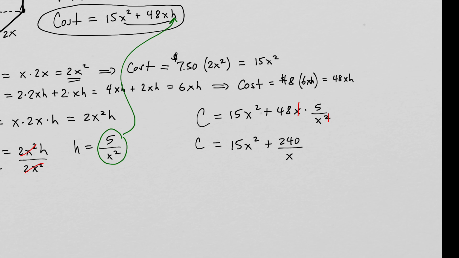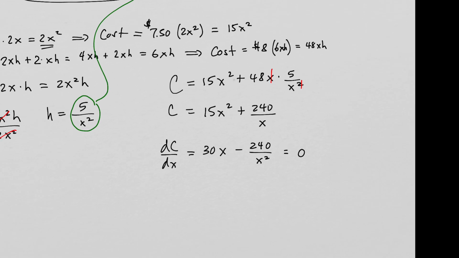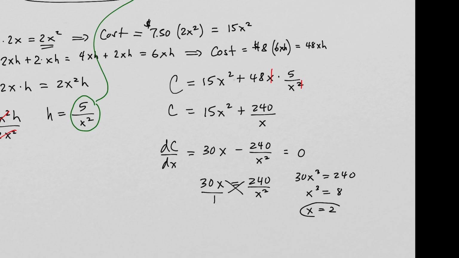And now to minimize this cost, we will take the derivative of the cost with respect to x. This gives us 30x minus 240 over x squared. And we'll set this equal to 0, which means 30x must be equal to 240 over x squared. And then we'll cross multiply, giving us 30x cubed equals 240. Divide both sides by 30, we get x cubed is equal to 8. And then taking the cube root, we get x must be 2.